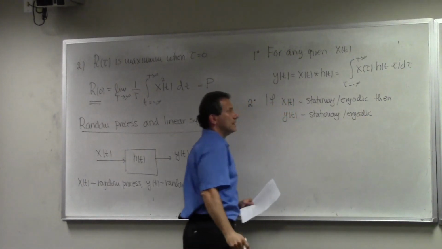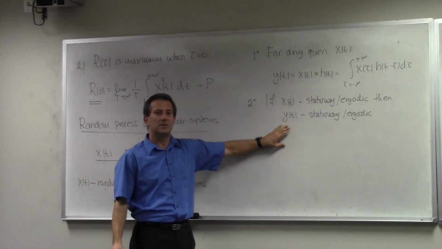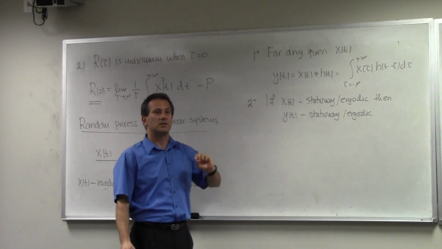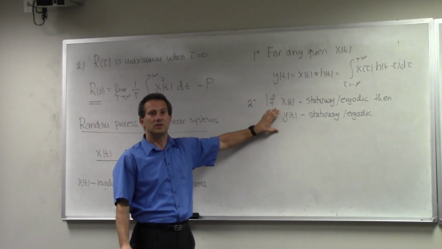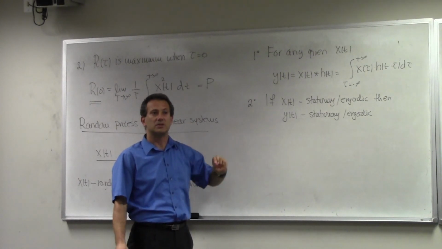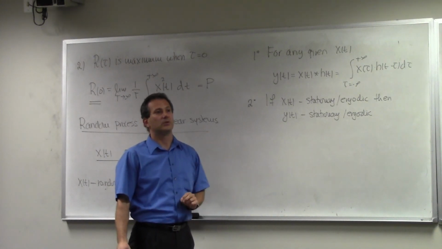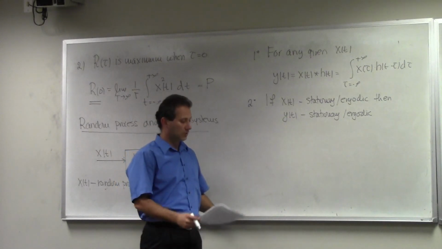And that's a big help, right? Because it tells us something about linear systems. They cannot change the fundamental statistical behavior of the process. If the process is stationary and the system is linear, the output of the system is stationary as well. And the same as for ergodic.